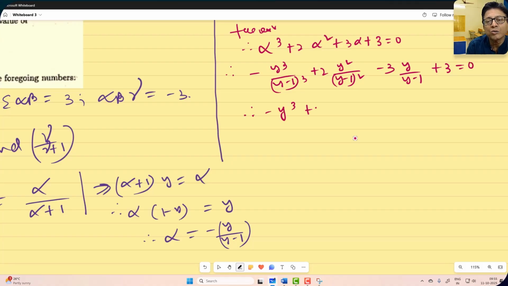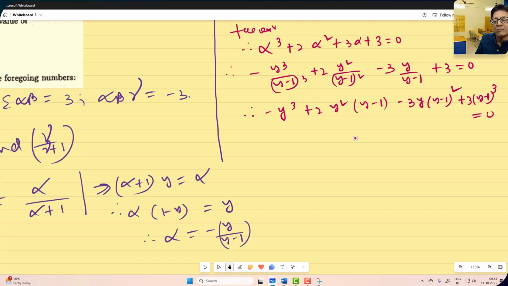So minus y cube plus 2y square (y minus 1), minus 3y (y minus 1) whole square. It's alright, you have nothing to do without simplification. So it's a big one, no?